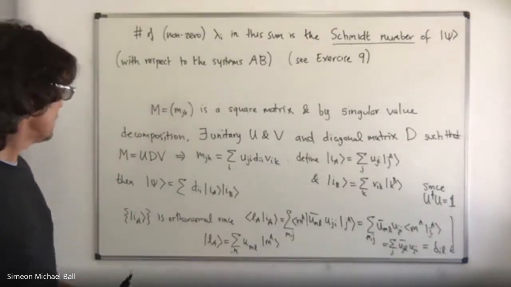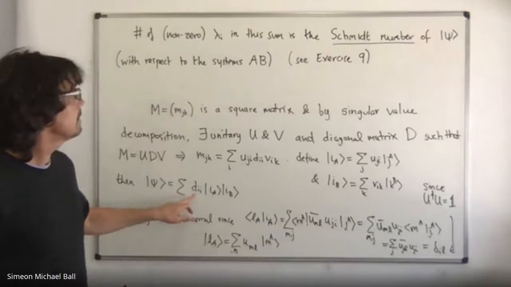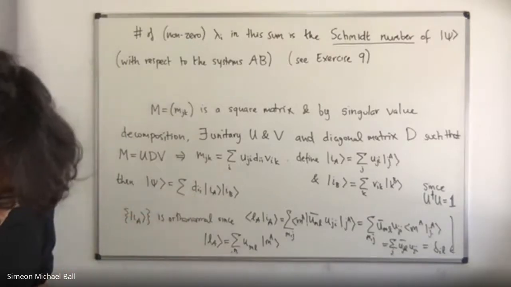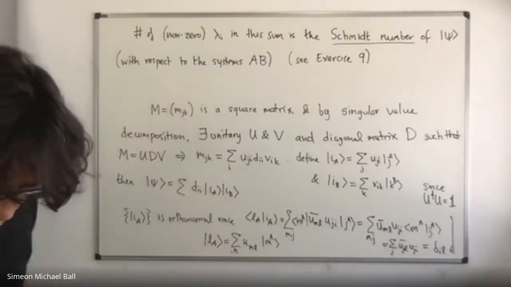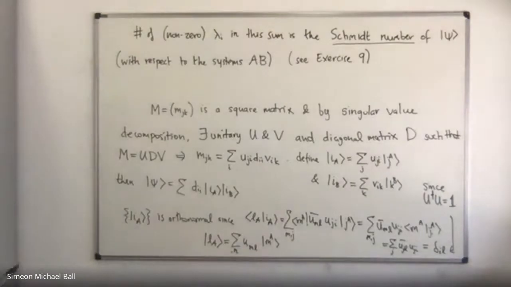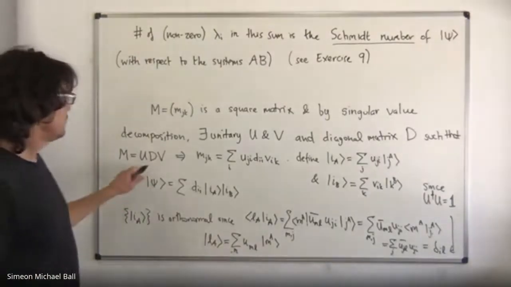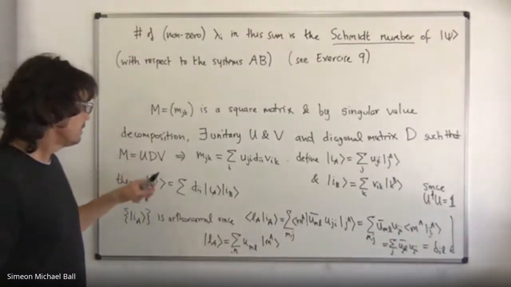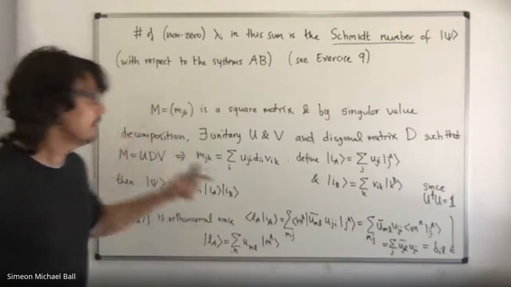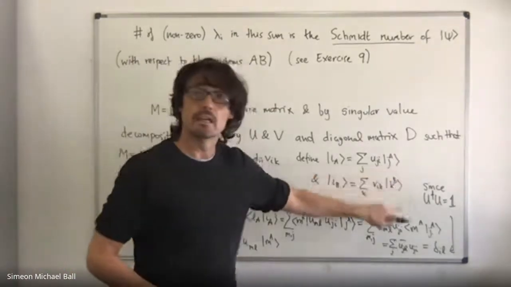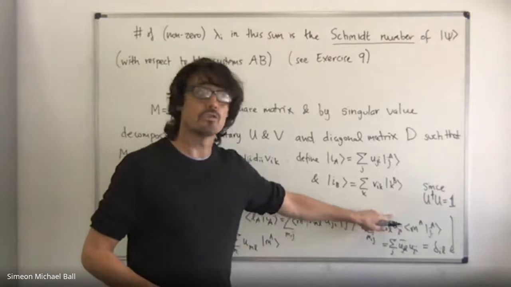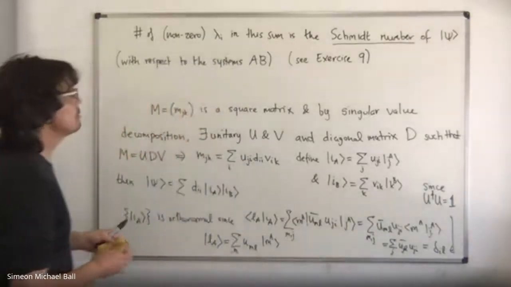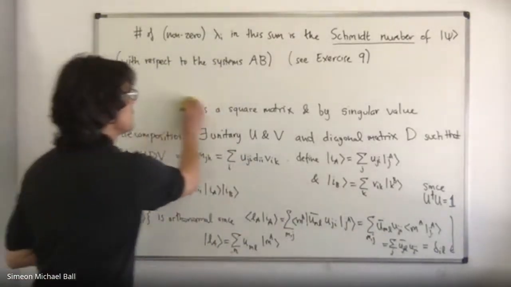Now, does this lambda, the Schmidt number, depend on maybe these bases JA and KB that we chose at the beginning? Let's just notice that that's not the case.